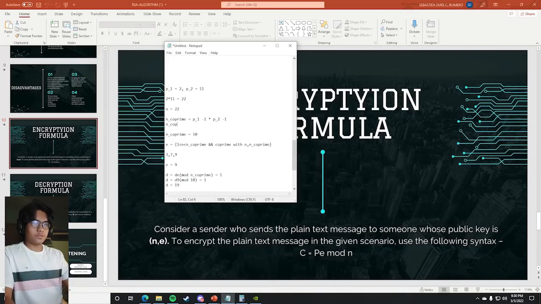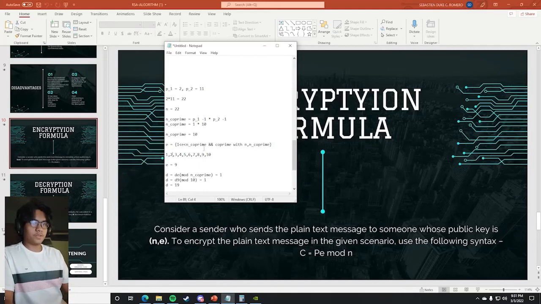This becomes 1 times 10, which ends up being 10. And to get E for the encryption, E should be greater than 1 and less than the number of coprimes, so less than 10. Here we have 1, 2, 3, 4, 5, 6, 7, 8, 9, 10.